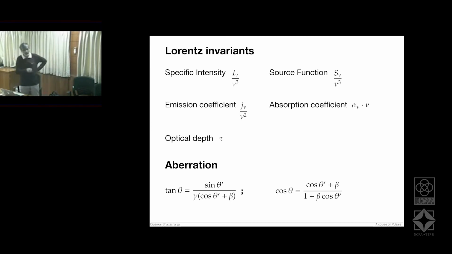Here again, let's take theta prime equal to pi by 2. Then what is the result that you get? Theta prime is pi by 2, so cos theta prime is 0, right? So cos theta is equal to beta.